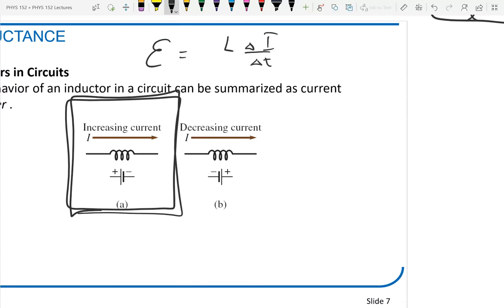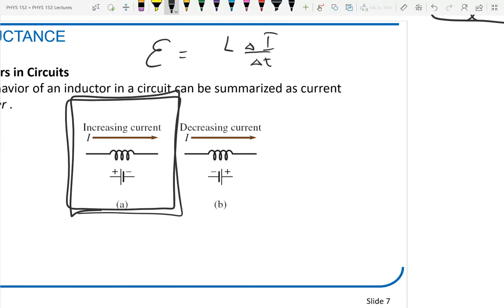Well, it makes a magnetic field. And if you have more current and increasing current, what happens to magnetic field strength? It's increasing. The energy that's being lost is going into increasing the strength of the magnetic field. So you're taking energy from the current and putting it into the magnetic field. Hence, an inductor is storing energy in the form of a magnetic field.